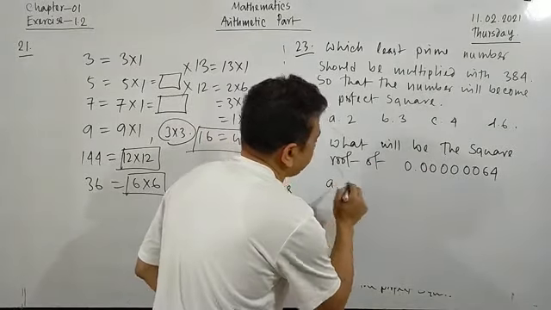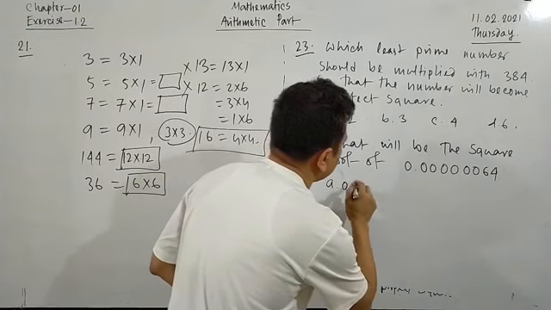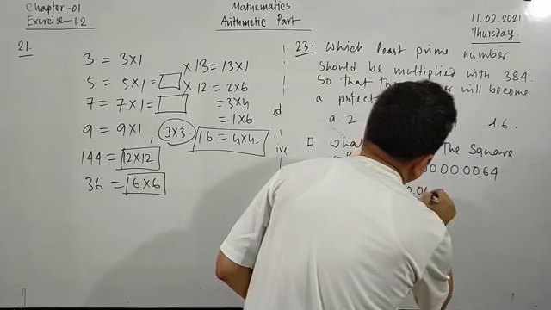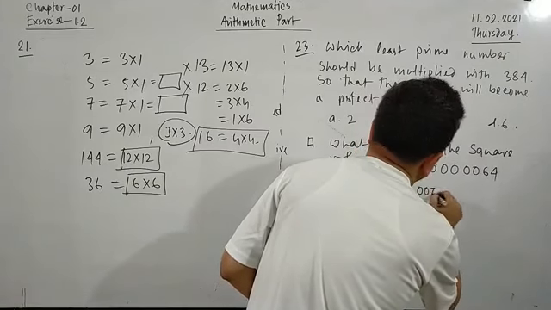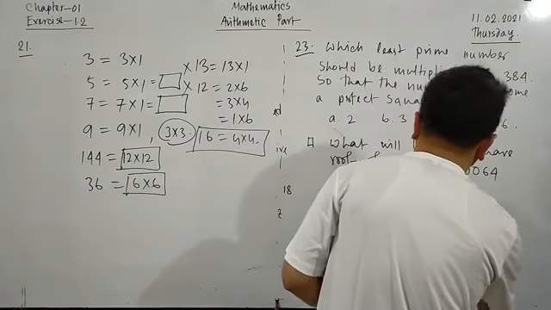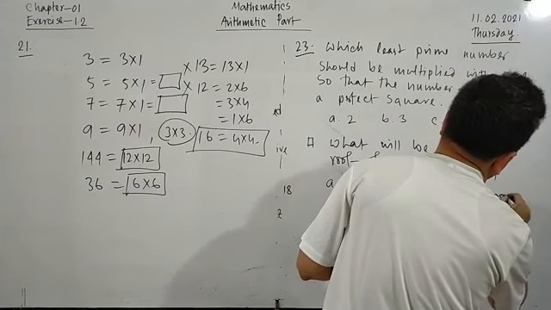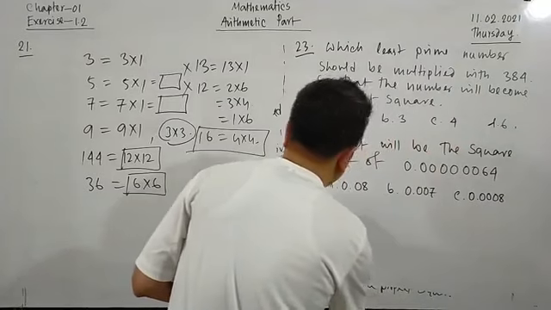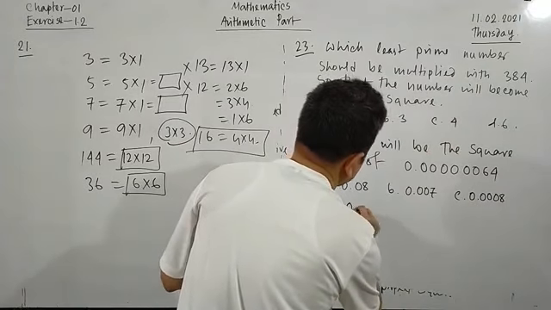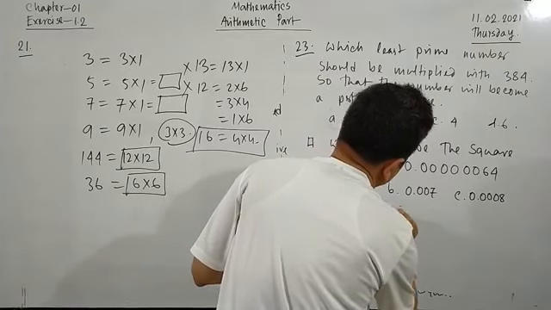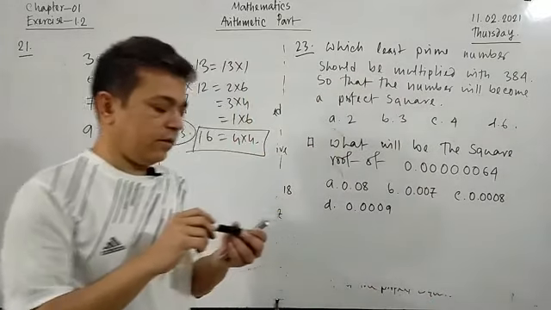So what will be the square root of 0.000064? Number A is 0.08, number B is 0.00007, number C is 0.0008, and number D is 0.0009. Which one is the correct answer?